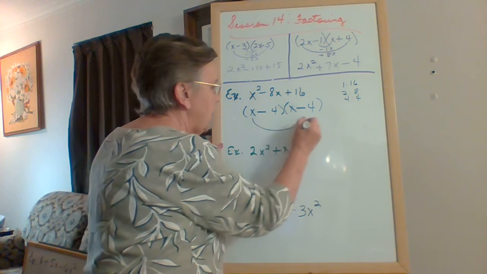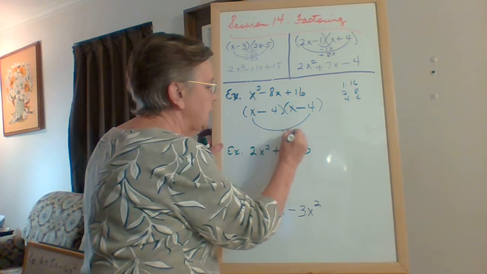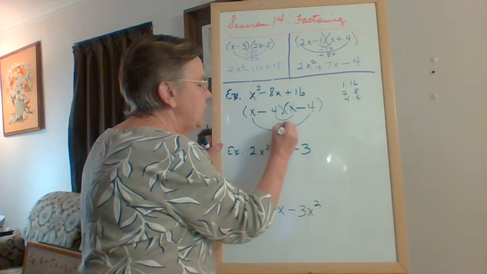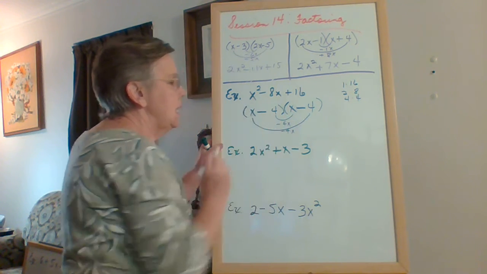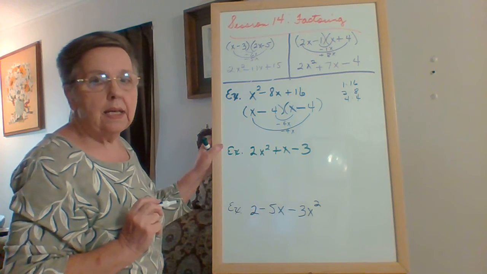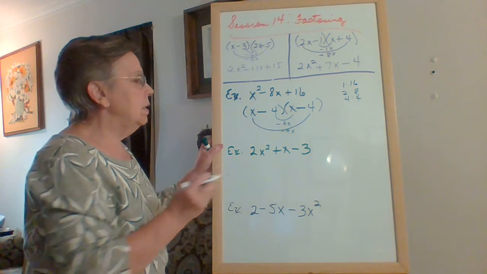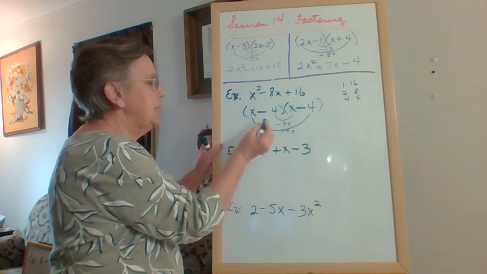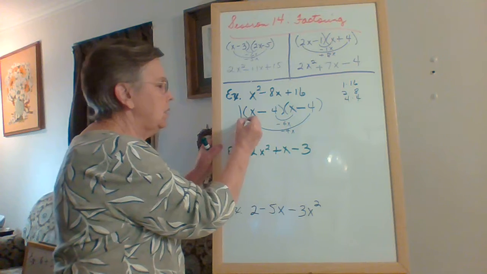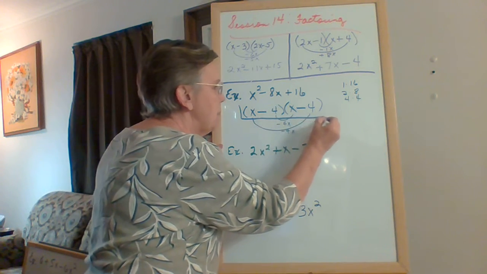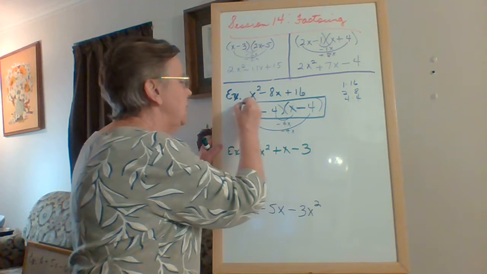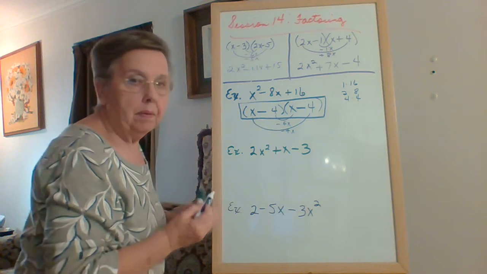So let's check the outside is a minus 4x. Inside minus 4x, that gives me minus 8x. They are both minus, so therefore you add. Minus 8x is the result. So this, remember, is my answer.